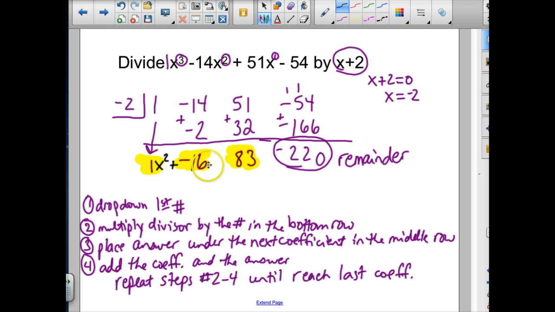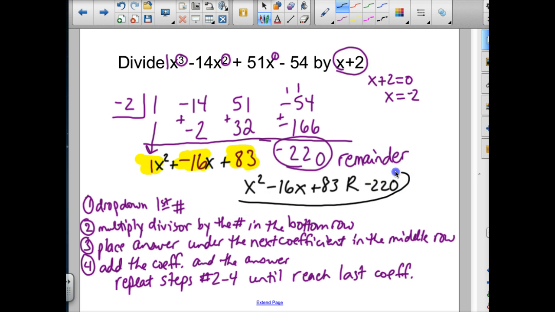Plus, the next number would be the coefficient of x. The power decreases. And then the last number will not have a power. So our final answer is 1x squared, or just x squared, minus 16x plus 83, remainder negative 220. So the answer will end up looking just like it did in yesterday's homework, but it was a little bit less work.